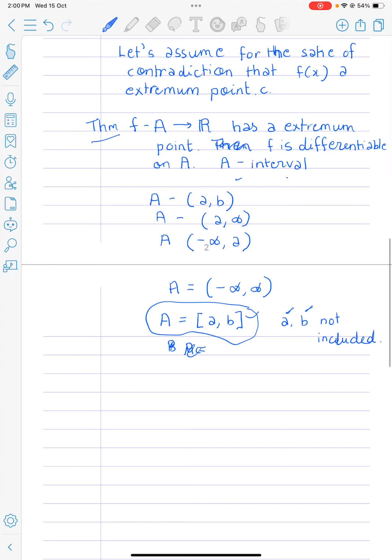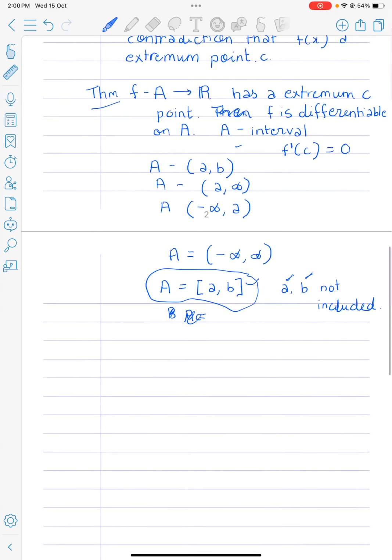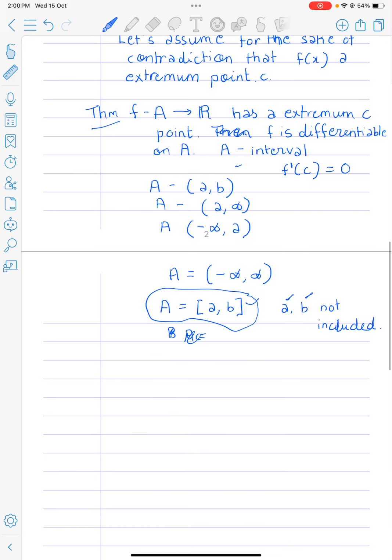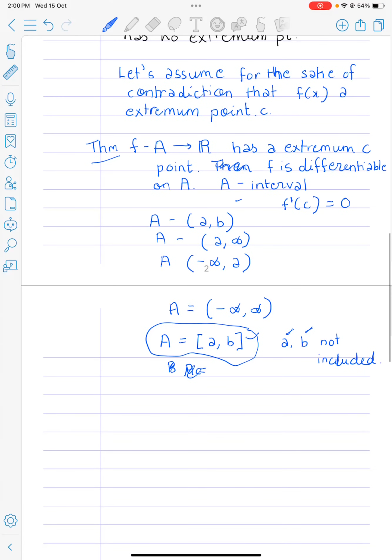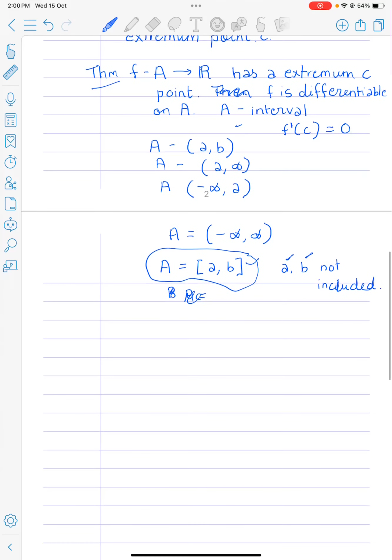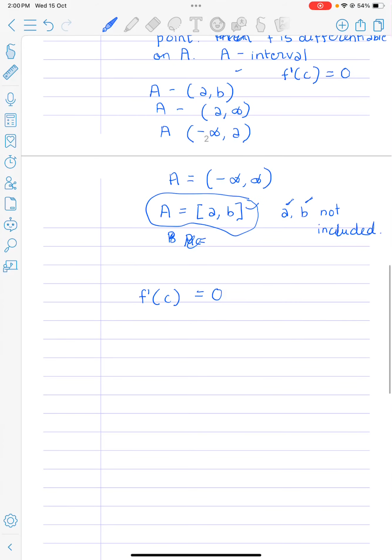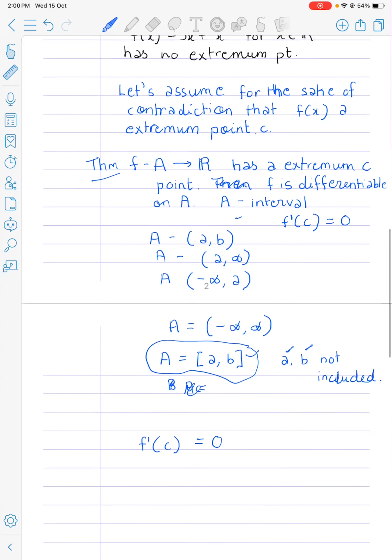Let's say the extremum point is c, then f'(c) is equal to 0. So using this theorem, what does it say? That f'(c) is equal to 0. So if f'(c) is equal to 0, then what do you do?